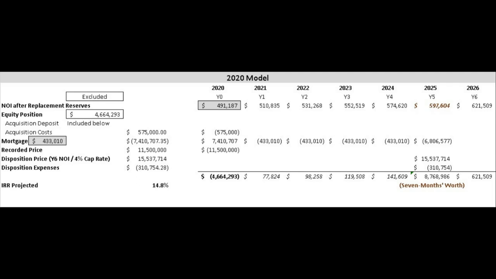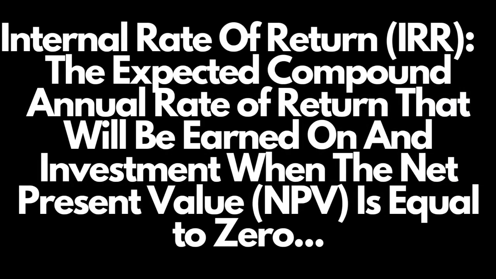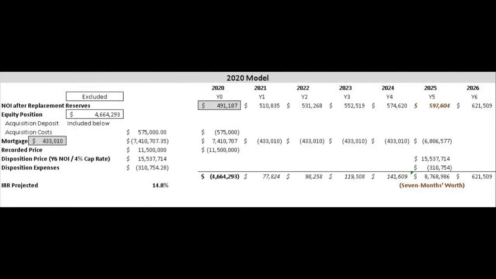That's almost 35% higher value in 5 years, and the IRR, or the internal rate of return, ends up 14.8%. That's quite good. It's not a grand slam homer, but it's a solid return for private equity.